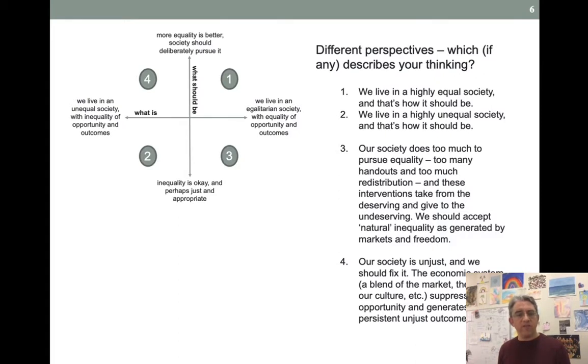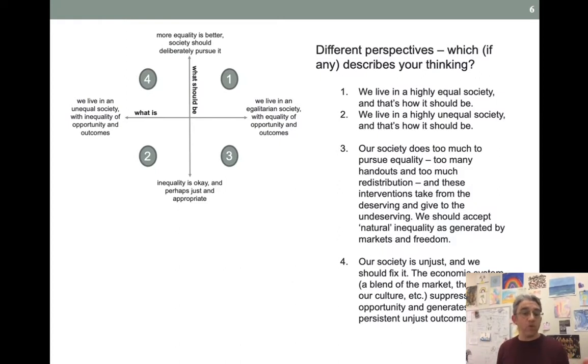So number 3, in the lower right, is consistent with believing that our society does too much to pursue equality. There are too many handouts, too much redistribution, and these interventions take from the deserving and give to the undeserving. We should accept natural inequality, quote unquote natural, as generated by markets and freedom and being correct and just.